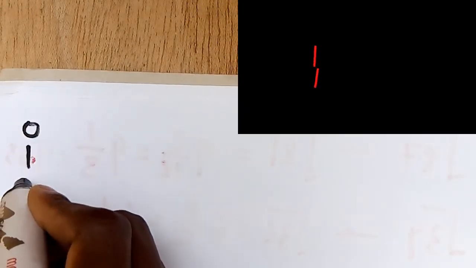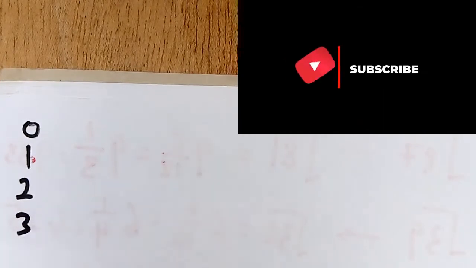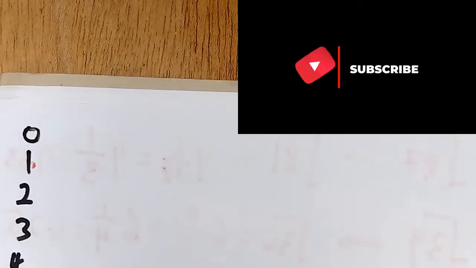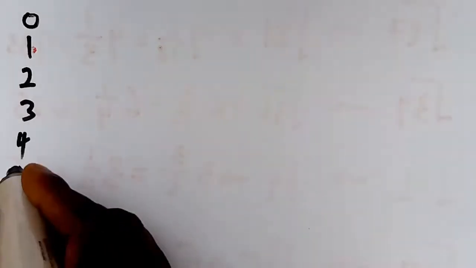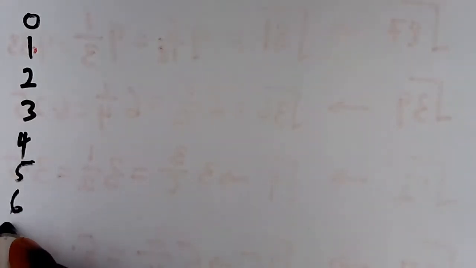So you write 0 here, then write 1, 2, 3, 4, 5, 6, 7, 8, 9, and then 10.